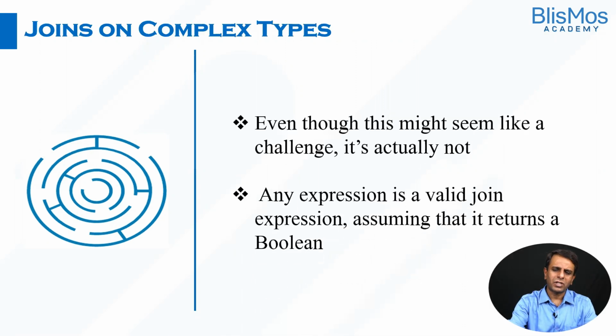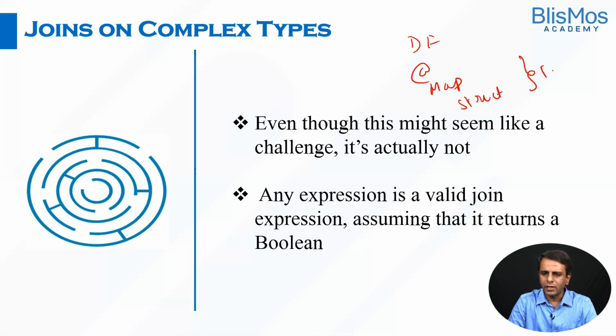Coming to the complex types, whenever you have complex types as a part of your data frame, meaning either an array or a map or a struct as one of the fields, how do we really join them?